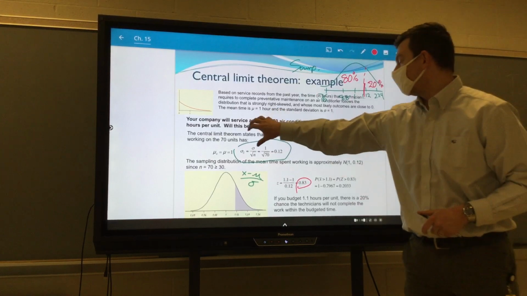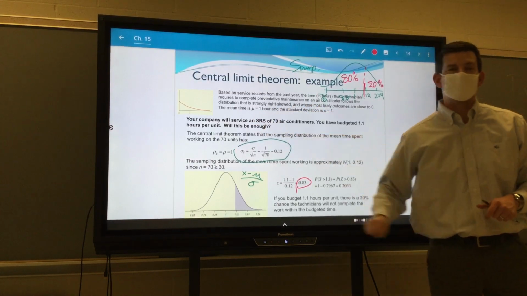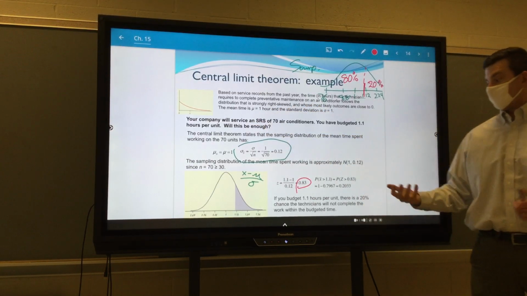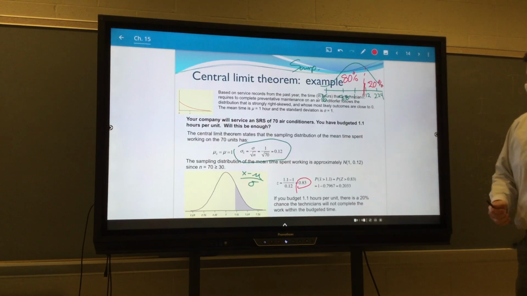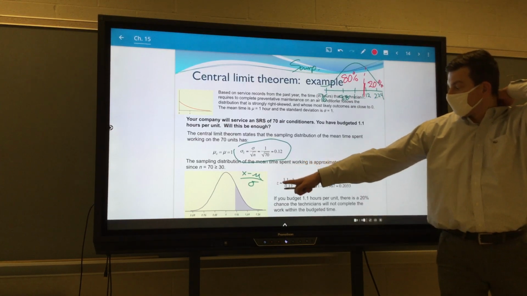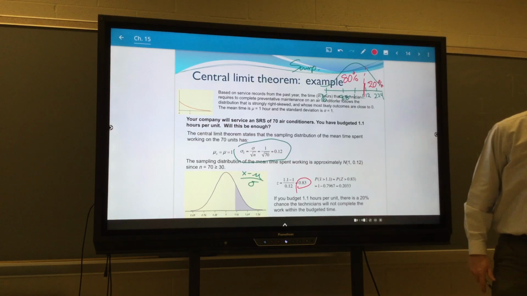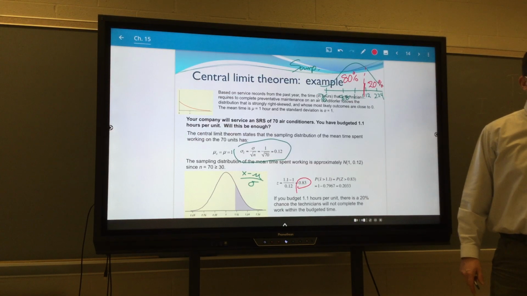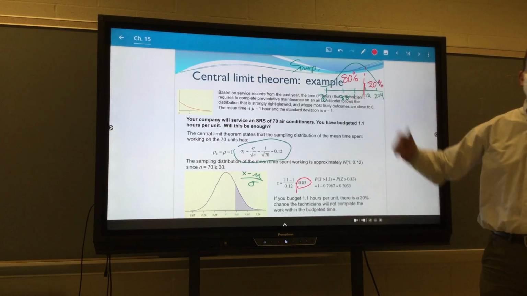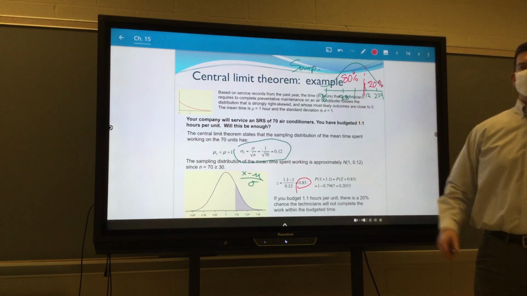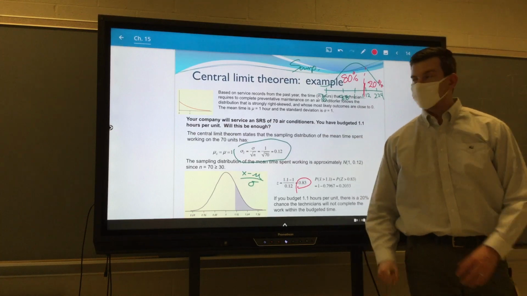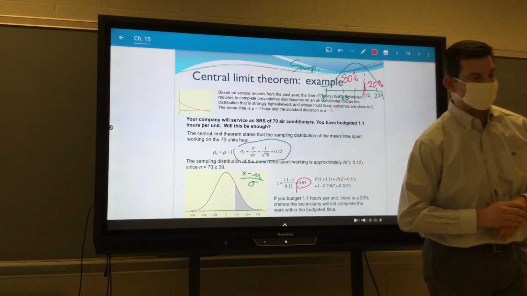So from here, we could weigh that out. You actually perform this analysis. You take your sample of 70. If you were to get something that was longer than 1.1 hours, well, there's a 20% chance of that happening. 1 in 5. On the flip side, 80% of our samples of that magnitude will be less than the 1.1 hours.